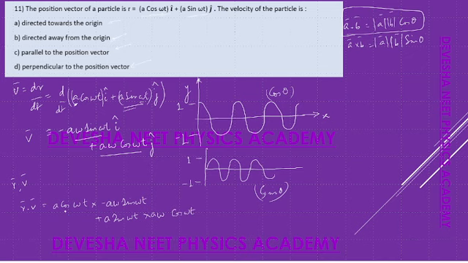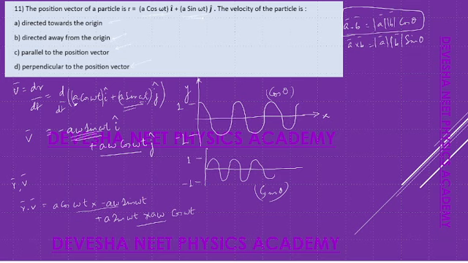Okay, so we just need to multiply the coefficients of i on one side and the coefficients of j on the other side. This is the coefficient of i: a cos omega t into minus a omega sin omega t, which is the coefficient of the other vector.